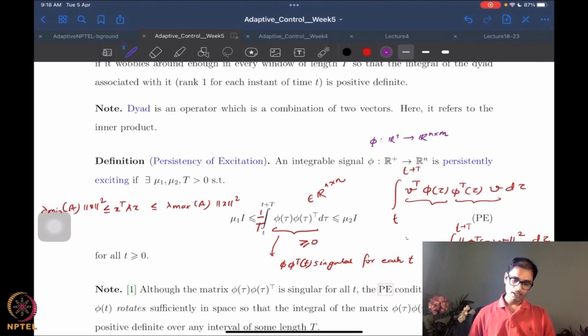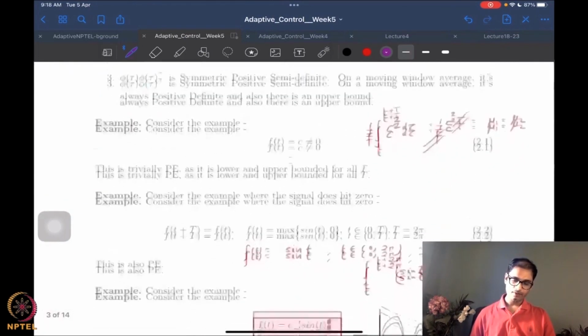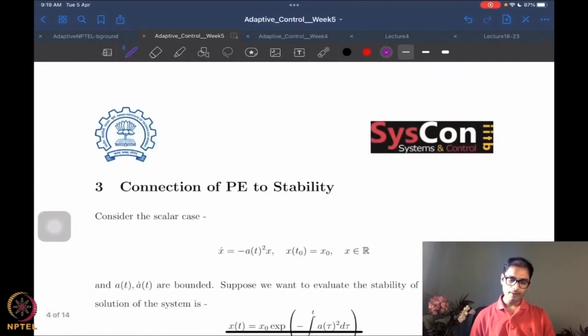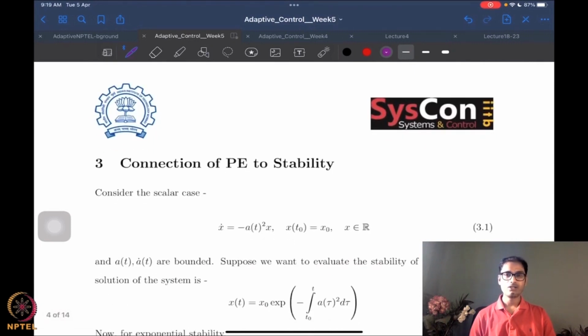We also saw some examples last time. So what we want to do today is to connect persistence of excitation to stability. So this is where we begin. This is lecture 5.3.